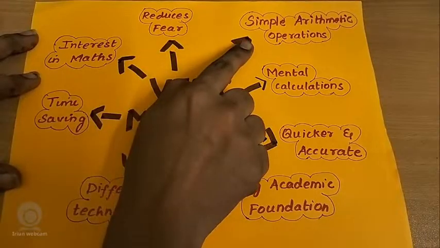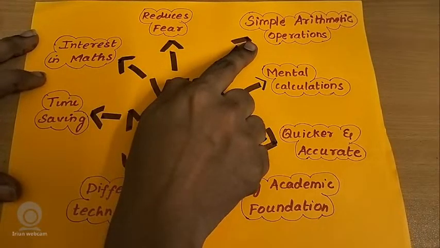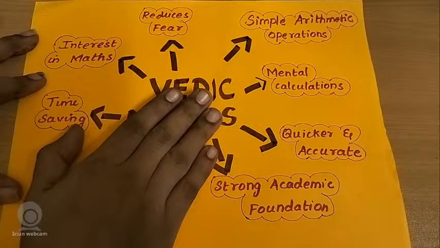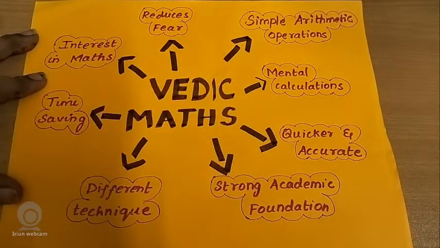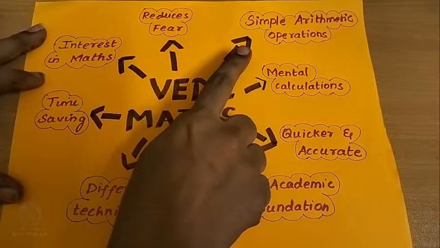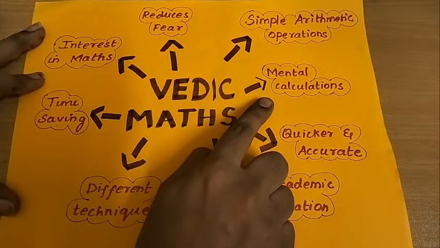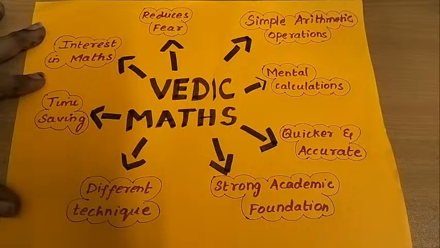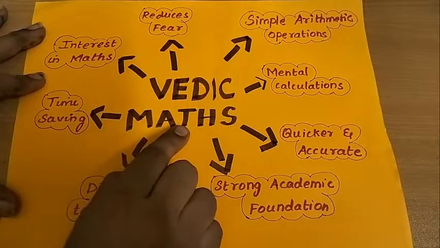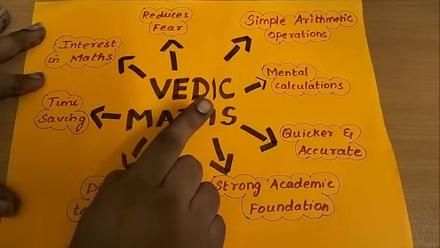First is simple arithmetic operations. For very simple arithmetic operations we can use Vedic maths. The next one is mental calculation. You cannot write and calculate everything, but with the help of Vedic maths you can calculate everything mentally and solve the problem.